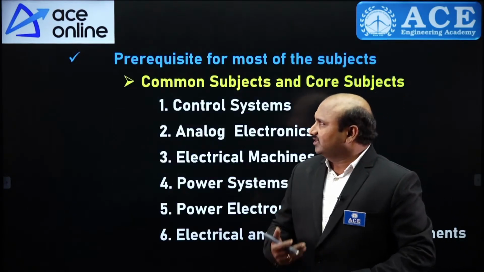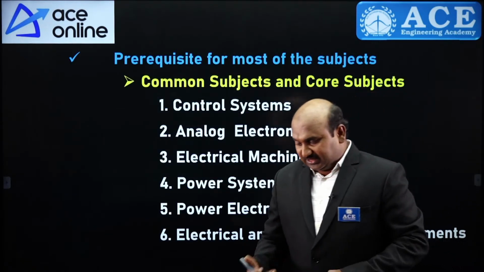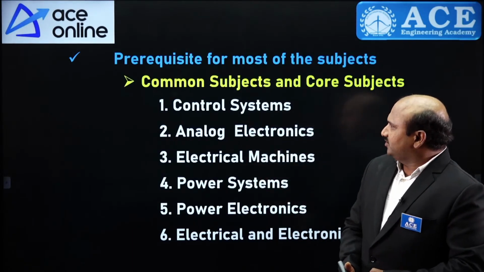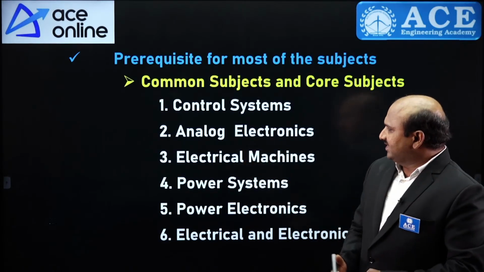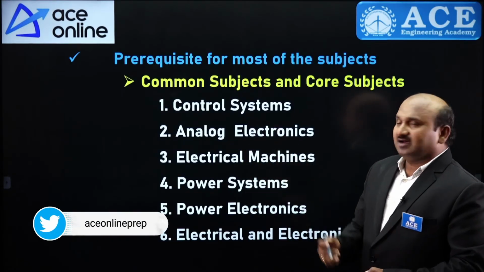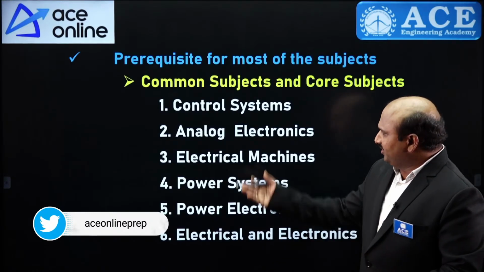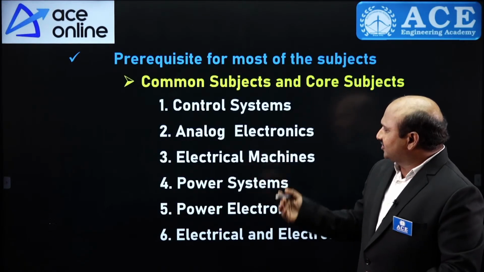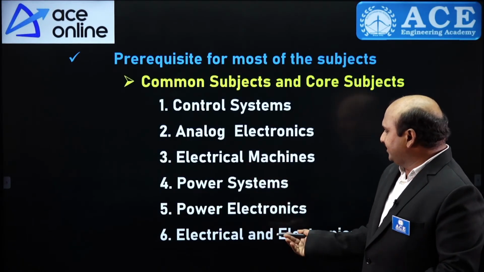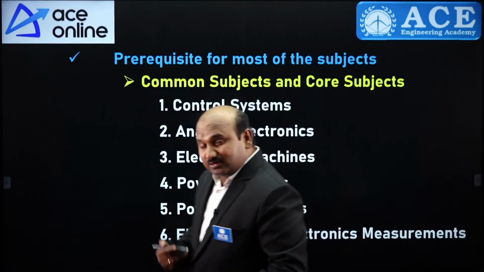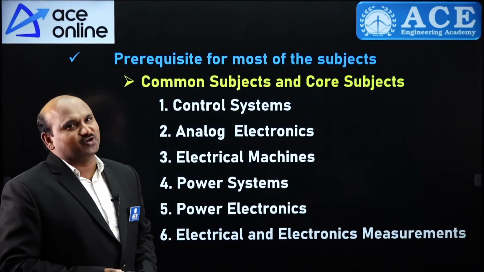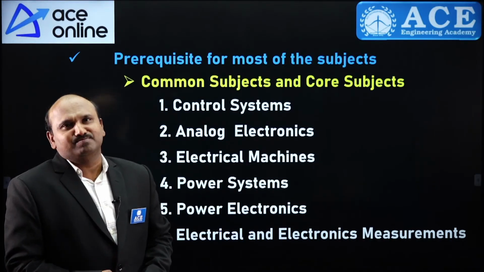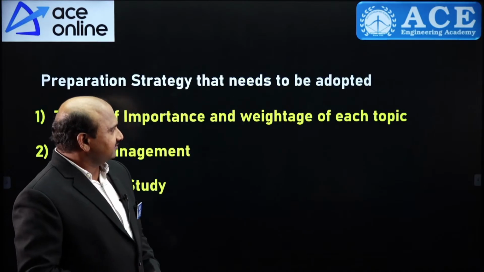Control systems and analog circuits are the common subjects. The core subjects, especially under electrical engineering, are electrical machines, power systems, power electronics, and electrical and electronic measurements, right? The basics of this subject are very, very important here.